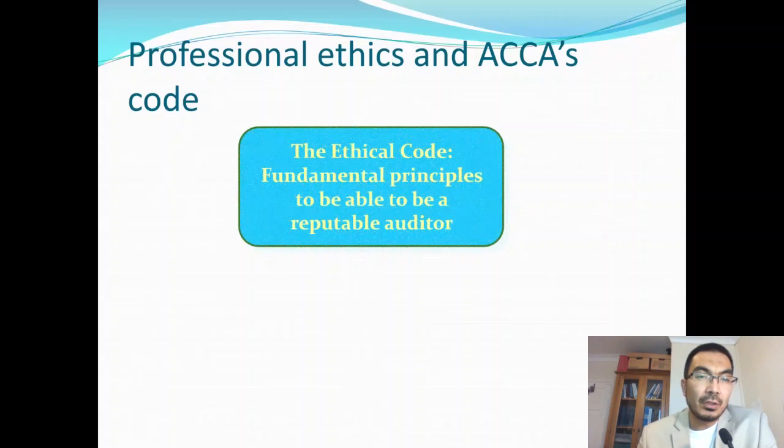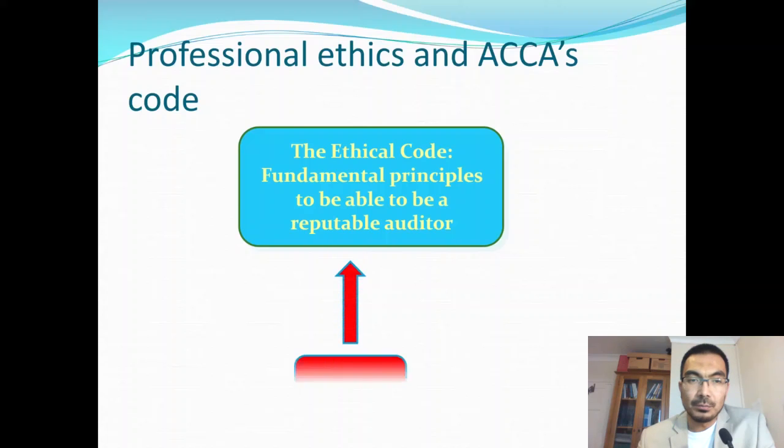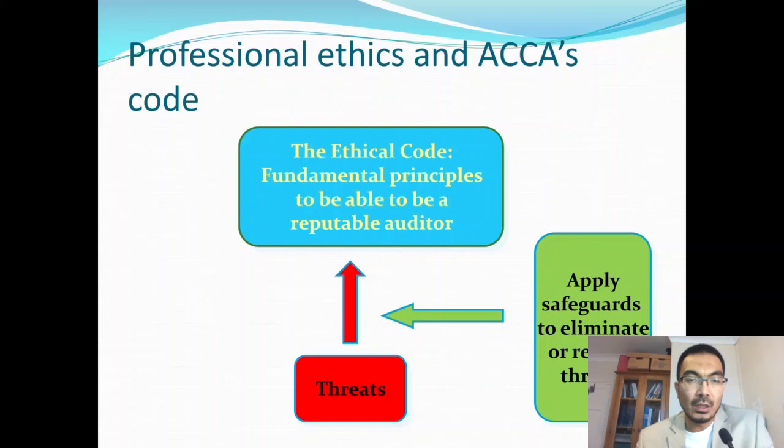The professional ethics and the ACCA code of rules that we have. An ethics code has fundamental professional principles for the auditor to be reputable, and we have some threats to this ethics, and we're going to apply some safeguards in order to reduce the threats to an acceptable level.